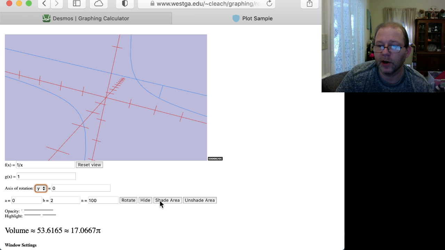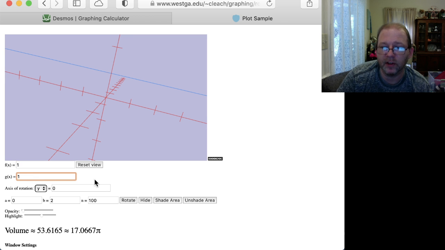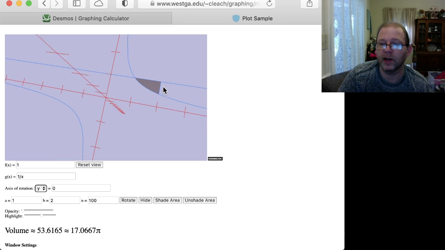So there's the little area that we're interested in. Okay, it's not shaded. So what do we need to do here? Let's put 1 on top since that's the upper one. Then 1 over x here. And our endpoints are supposed to go from 1 to 2. So now I've got the correct area shaded.